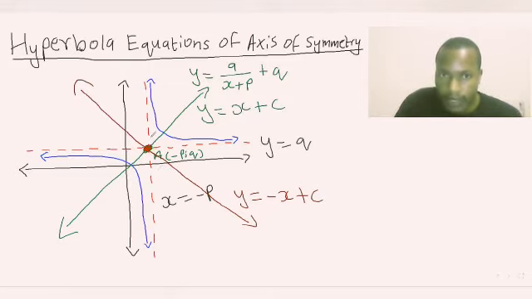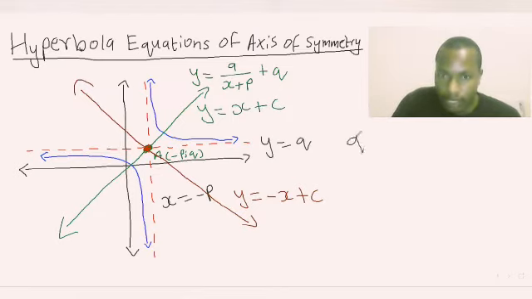Remember that these axes of symmetry, or the lines themselves, cut the function in half, which is essentially what an axis of symmetry does. To find the c's, you would need to make use of the point (negative p, q), as we already mentioned. You would just need to substitute in.